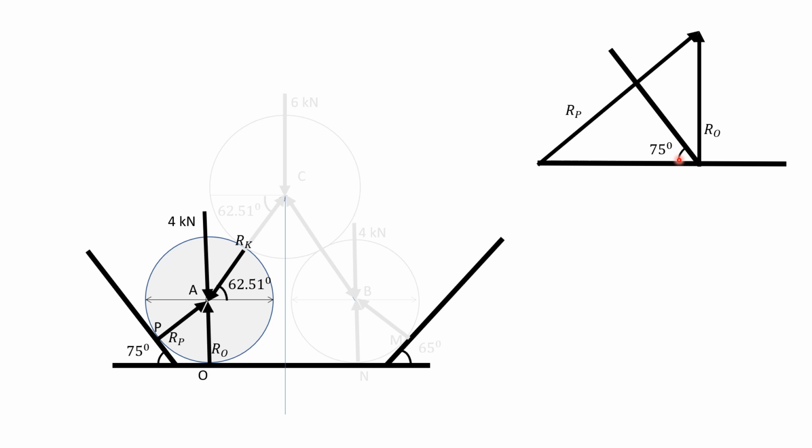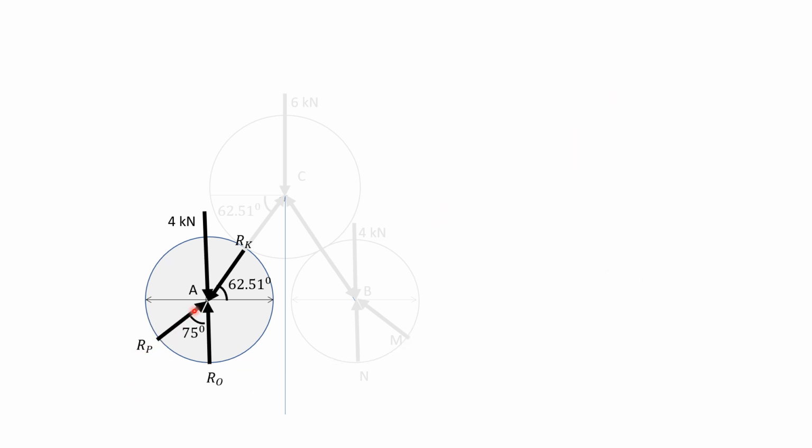This angle is 75 degrees, this angle is 90 degrees, this angle is 90 degrees, and this angle is 15 degrees, this angle is 15 degrees, and this angle will be 75 degrees. This is RP and this is RO. So this 75 degree horizontal will become this 75 degree vertical. RP will be making 75 degrees to the vertical.